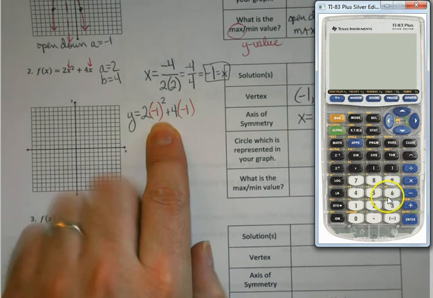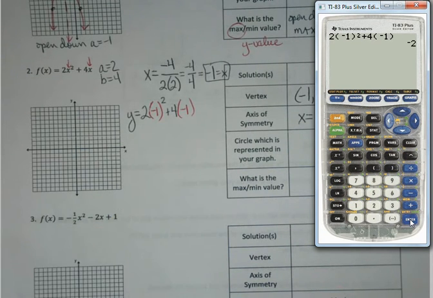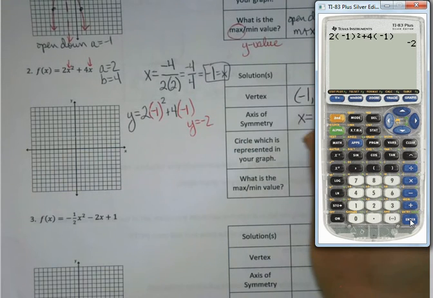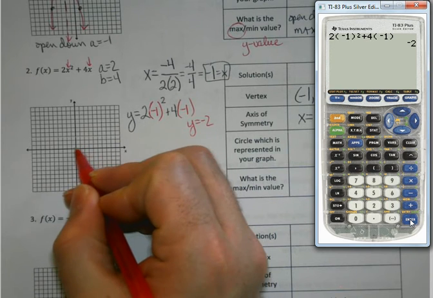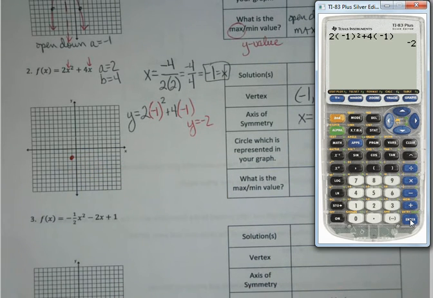So let's see here. 2 times negative 1 squared plus 4 times negative 1. So y is going to be negative 2, which is going to give me my min or max value, but that's the question right now, I guess. Is this parabola going to open up or down?